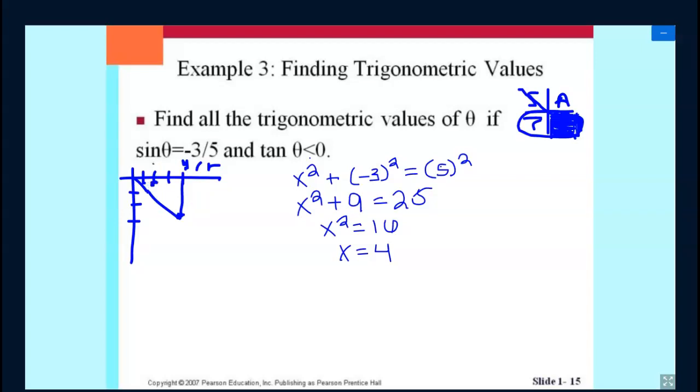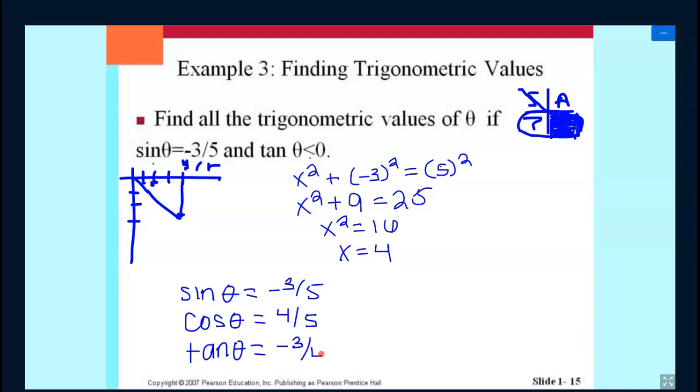So I can use this idea to find the 6 trig functions. So we were given sine. Cosine is positive 4/5. Tangent is sine over cosine, so it's -3/4. And then our other 3 trig functions are simply the reciprocals.